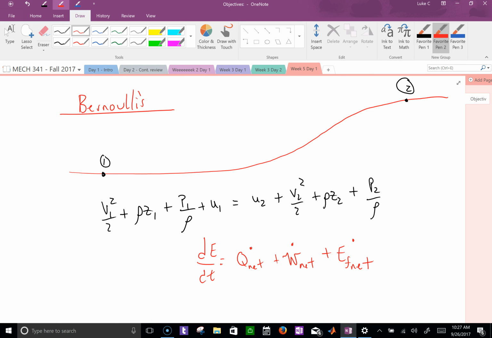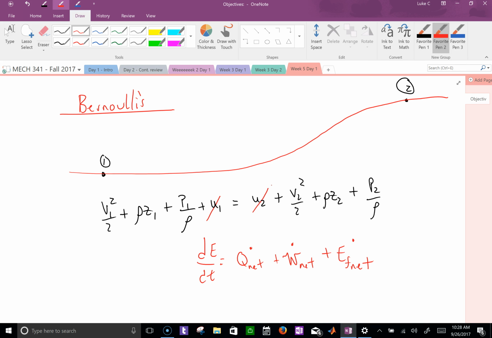So the Bernoulli's equation, which is this black one, is actually part of this, the fluid energy. Okay? So when we deal with Bernoulli's, what typically do we neglect? Temperature differences. So these equations actually come from this right here. So you start with the red one.